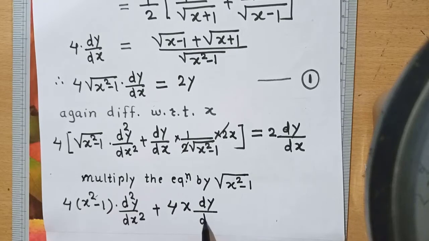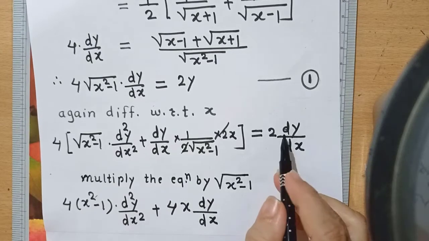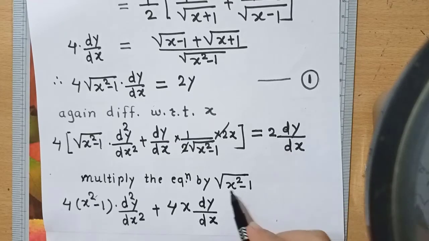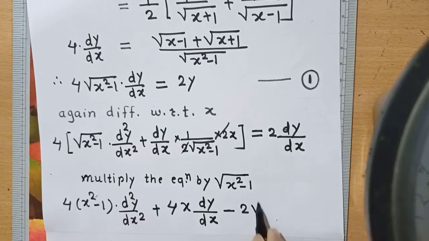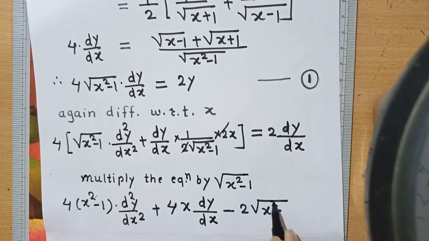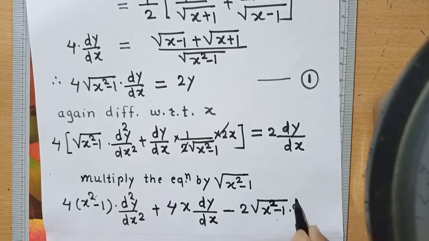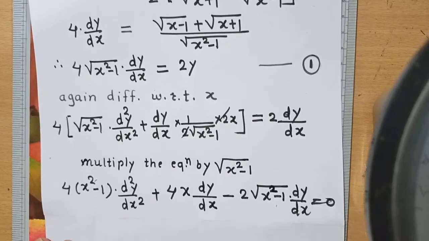Only write down dy by dx, and we will multiply this, then 2 root this term into, shift this to the left hand side. So x square minus 1 dy by dx equal to 0.